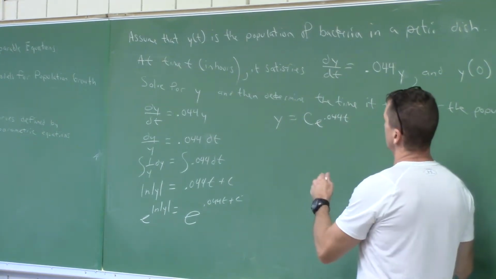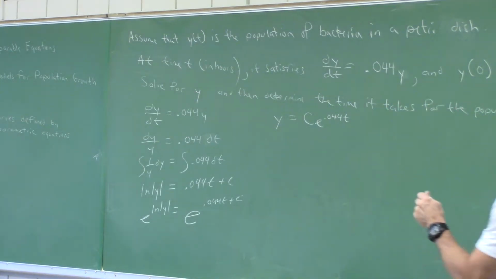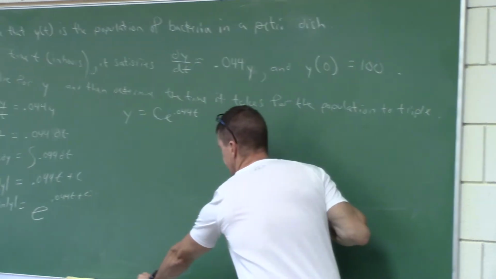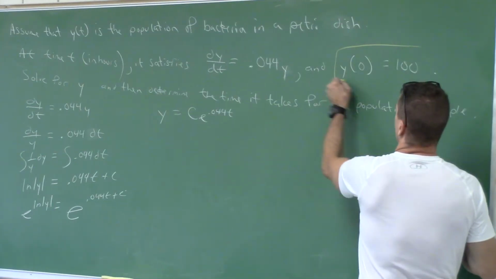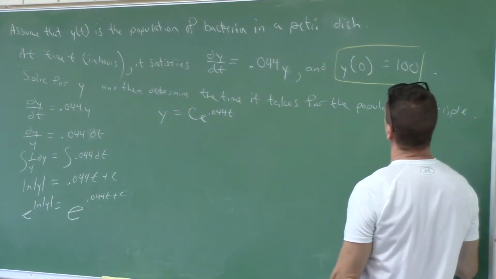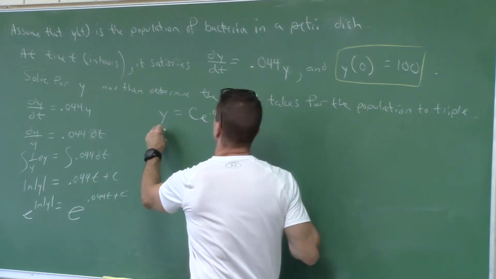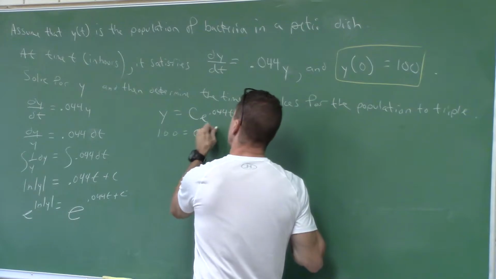Now, how do I get C? Help me get C. This should allow us to get C, right? All right, plug in 0. What's 0? That's the t, right? So I get 100 equals C times e to the 0. What's C?